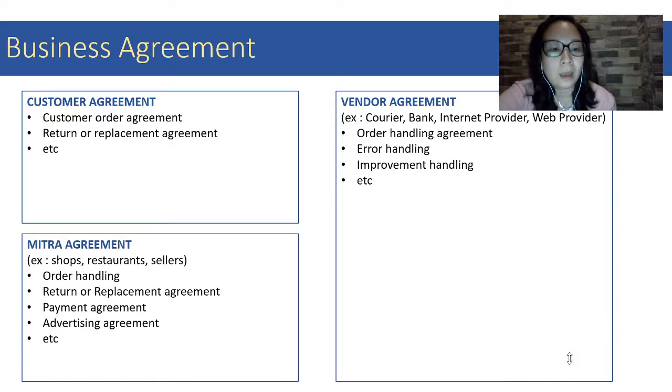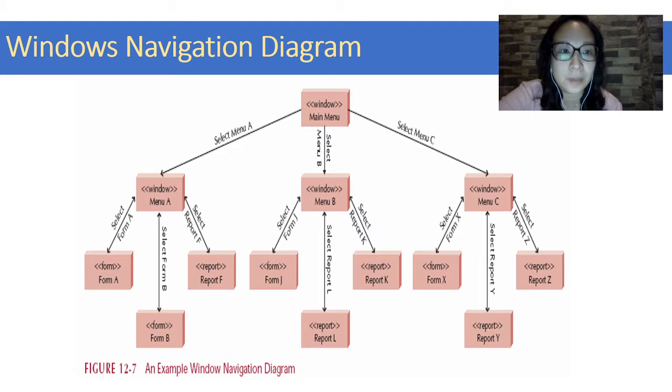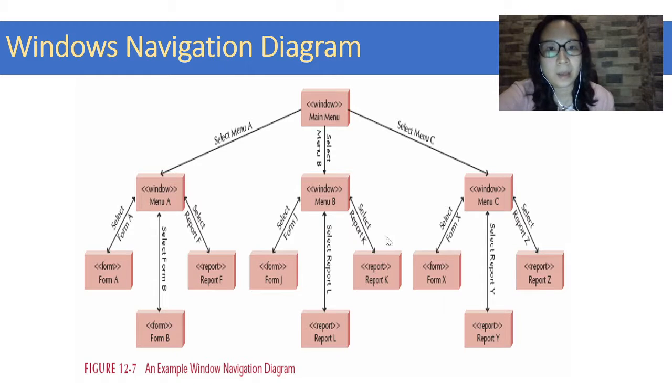Okay, and then the next thing is to define the Windows navigation diagram. The Windows navigation diagram here is actually to show the menu in the application later. For example, we will have the main menu, and if we go to the registration menu, then it goes to this menu.